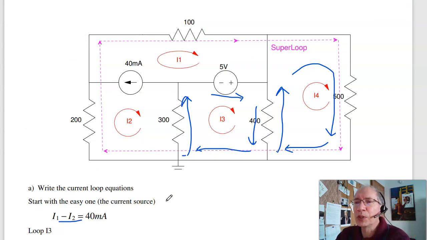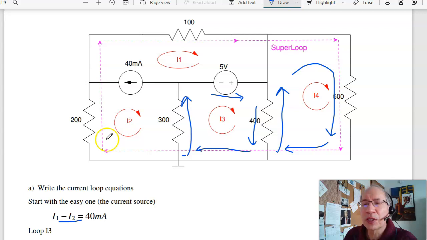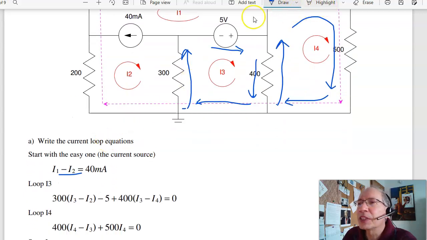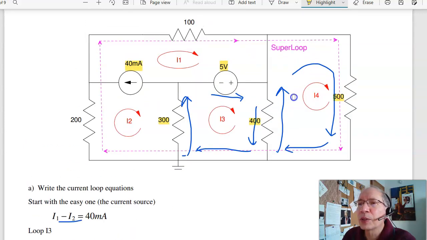That's a super loop. Here's one possible super loop. And kind of, if I look at the resistors in these equations, I've got the current source, that's my first equation, the 300 ohm, 5 volts, 400 ohm, and 500 ohm. All those appear in the equations. The 100 and 200 don't appear yet.